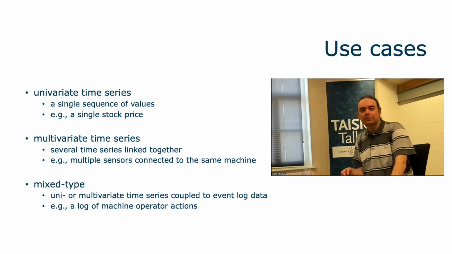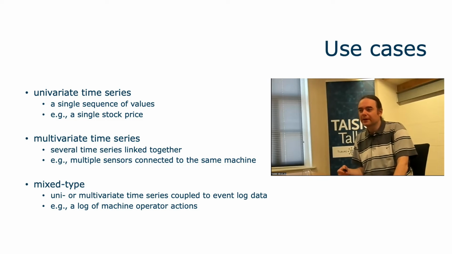A more complicated problem setting is where your data consists of multivariate time series, where you have several time series linked together and forming some sort of entity. So, for example, if you have a machine which is connected to several sensors, and those sensors measure all kinds of information about that machine.